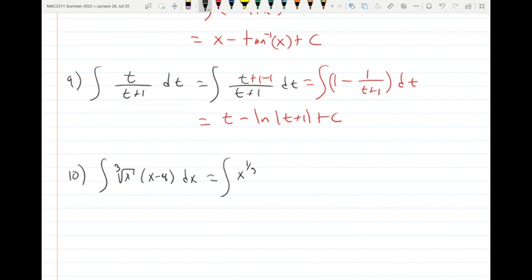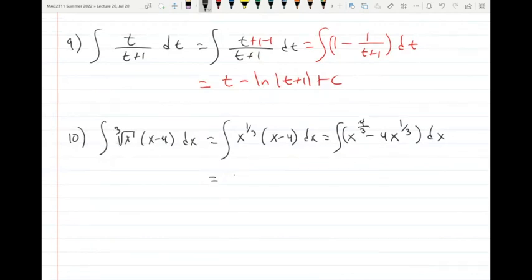So write it as x to the 1/3. Distribute. Remember, when you distribute, you need to add the powers. So 1 plus 1/3. What is that? That's 4/3. x to the 4/3 minus x to the 1/3. And now we integrate. So what's the first integral?